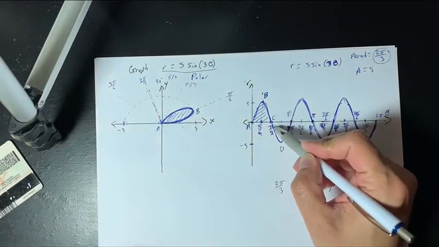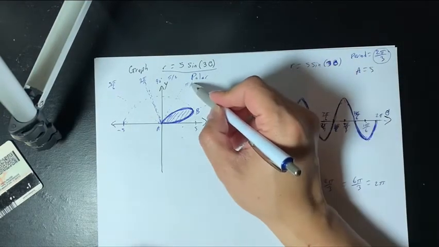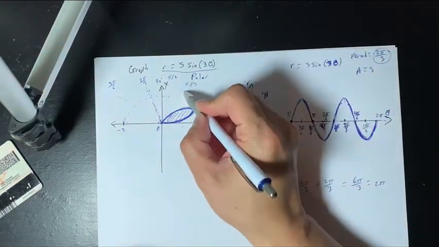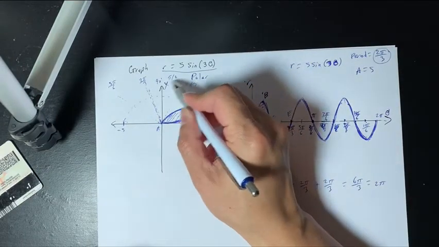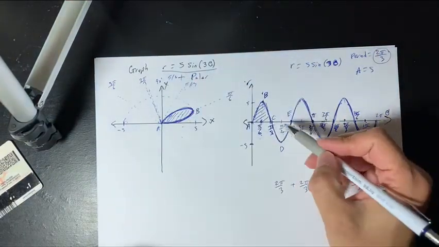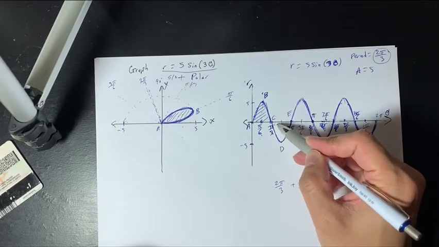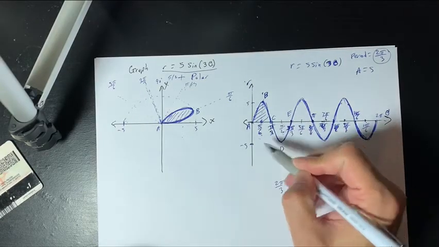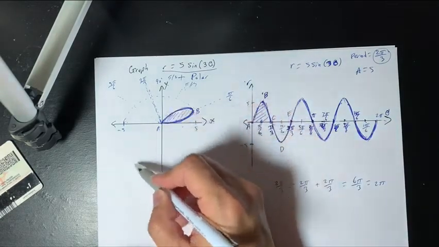Now what's happening between pi over 3 and pi over 2? Here's pi over 3 and pi over 2. Pi over 3 and pi over 2 in this direction, here's the positive direction, but you notice that all my radius is now negative. So I'm going to end up in negative. So where's the negative?